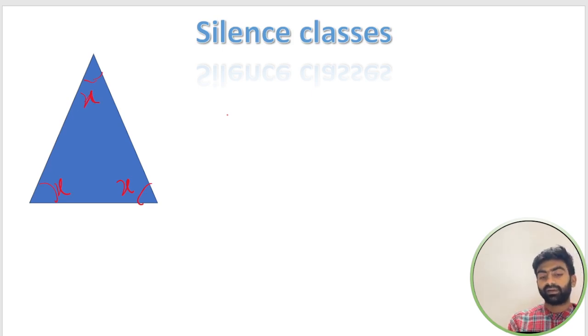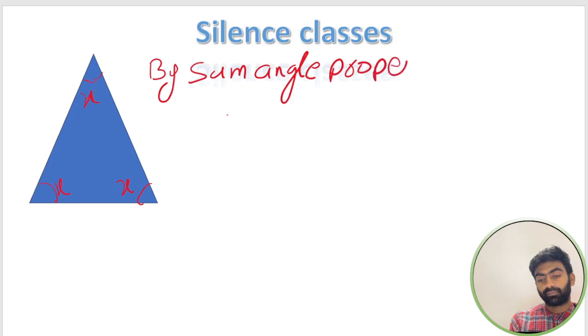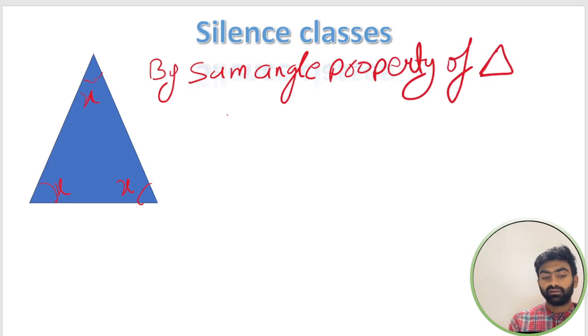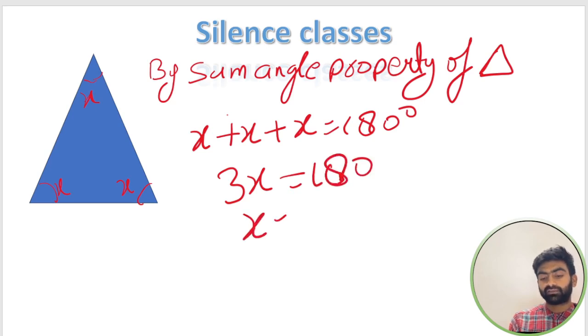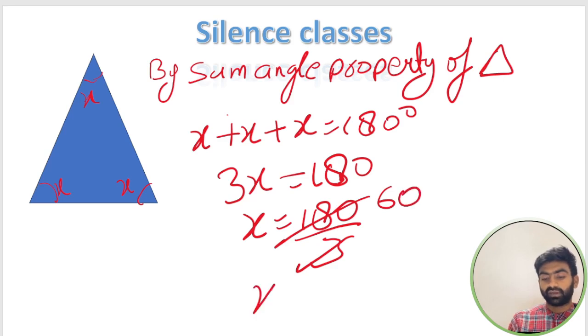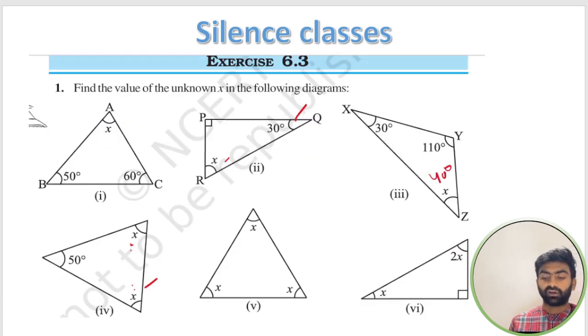By the angle sum property of triangle, we can write x plus x plus x is equals to 180 degree, because all are x. So 1 plus 1 plus 1, it's 3x is equals to 180 degree. So x is equals to 180 upon 3. We get 60 degree. Okay, means x is equals to 60 degree, means all these angles are of 60 degree.